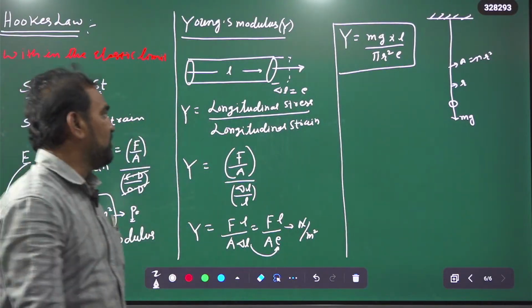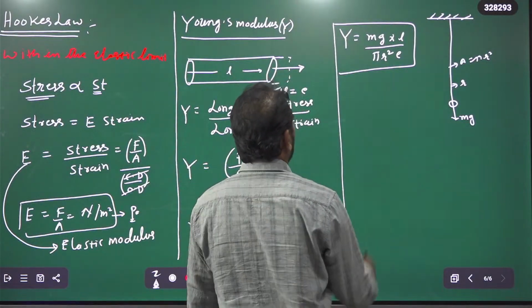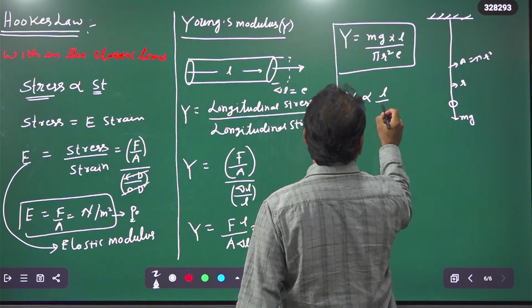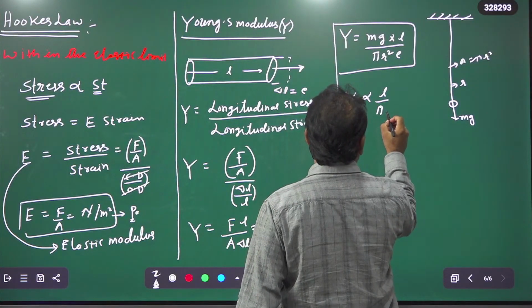Young's modulus. From this it is very clear that Y is directly proportional to L upon pi r square.